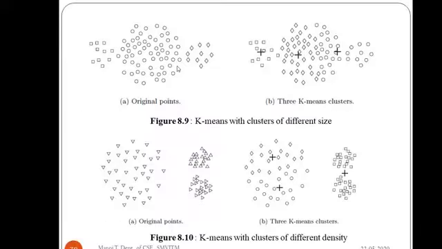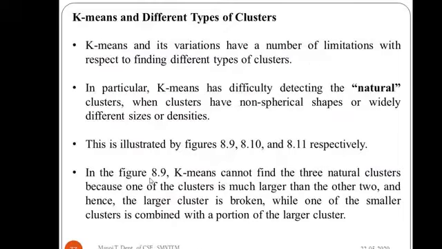Such types of clusters are very difficult for k-means to find. And in the case of 8.10, the problem is we are having two small dense clusters compared to one large cluster. So in this case also it is difficult for k-means to find the natural clusters.